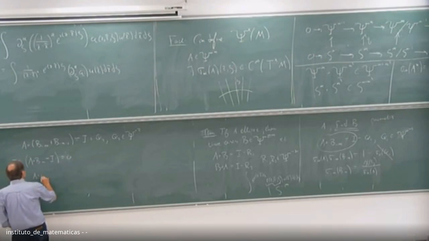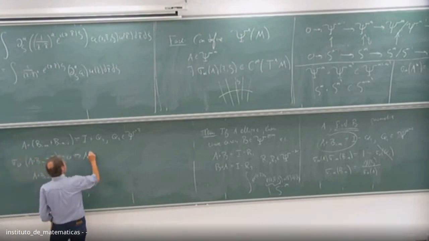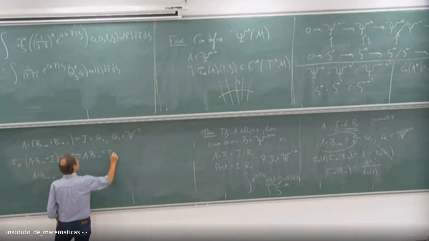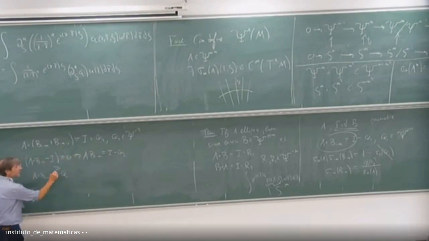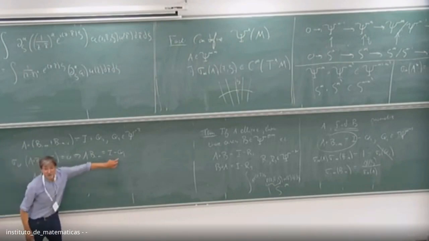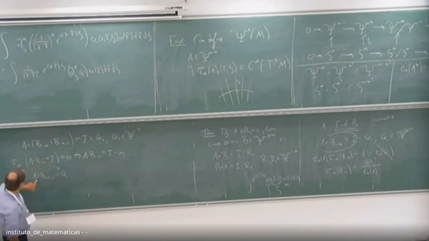If I try to find a B minus m minus 1, this tells me that A B minus m is equal to the identity minus Q1. I'd like to kill off this error term. This is a symbol of order m minus 1, so the product is of order minus 1, an operator of order minus 1.